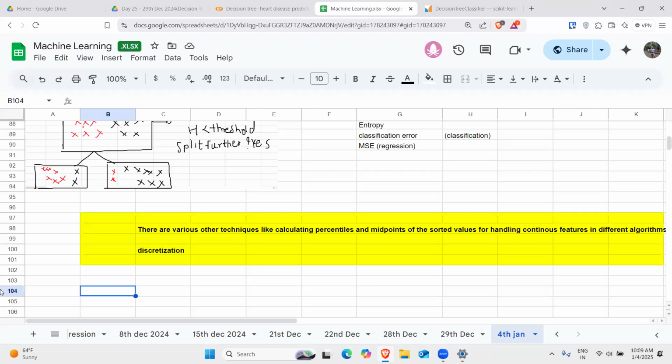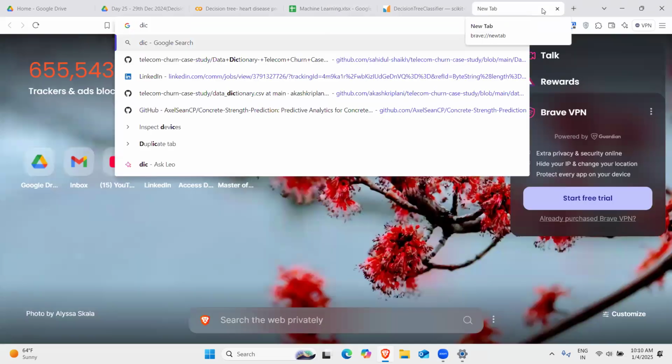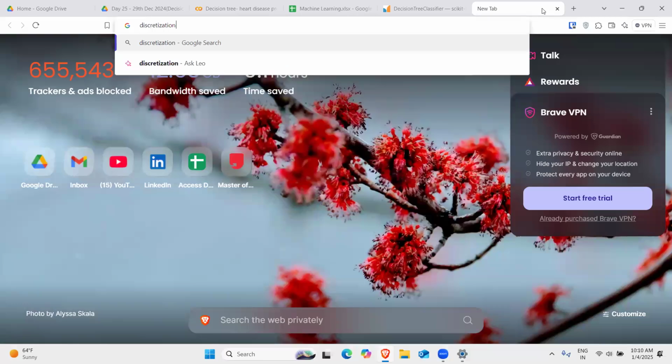There's one research paper which you can find. Just give me a minute, I'll share that with you. Discretization and enabling technique.